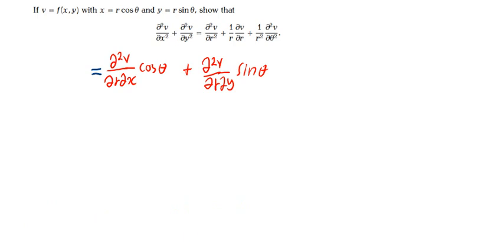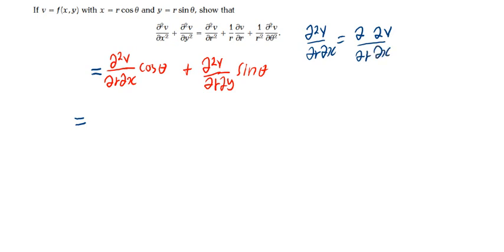For me to simplify work for myself, I'm going to write this differently. Instead of saying second partial of v with respect to partial of r, partial of x, this is more like partial of v divided by partial of r, partial of x.